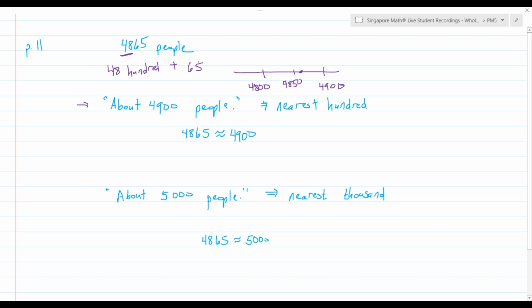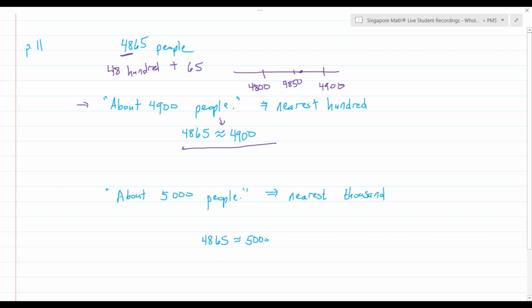If I'm at 4,800 and I go 65 further, I know that I'm closer to 4,900 because halfway there is 50, right? And so if I have 4,800 people and I have 65 more, if I'm rounding to the nearest hundred, then I would say 4,865 is approximately 4,900.